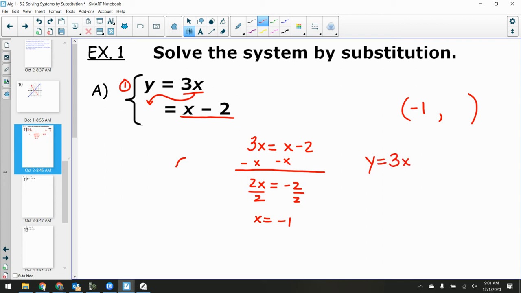I'll just take my first equation from my system. Well, y is equal to 3 times negative 1. So negative 3. And there's my answer. Questions about that?